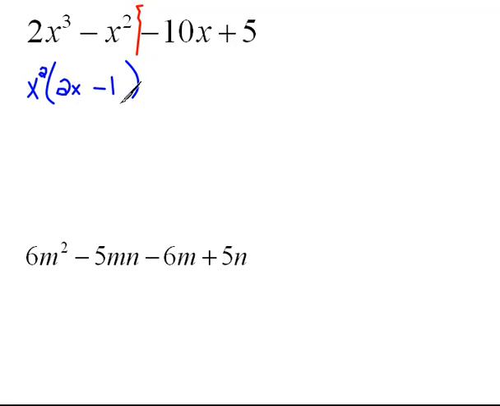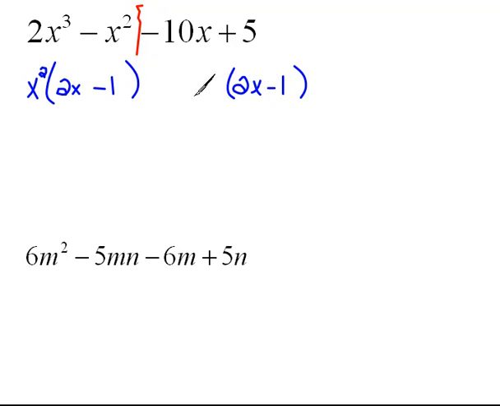Now, if you understand that factoring by grouping is what we do when we have 4 terms, then you kind of already have a little bit of a leg up. Whatever we pull out of these next 2 terms, we really want the other factor to be 2x minus 1, because in doing the factoring by grouping, remember these need to be the same, so then we can factor those out in just a minute.